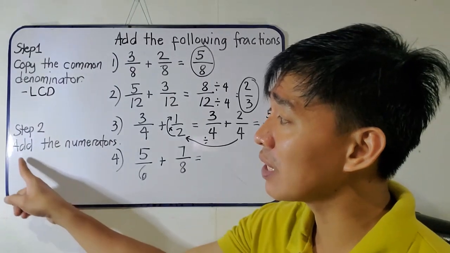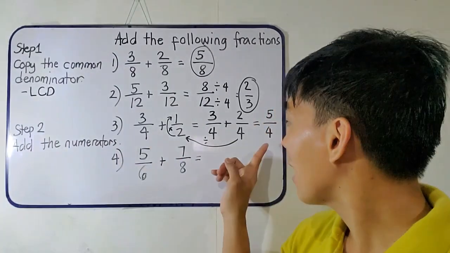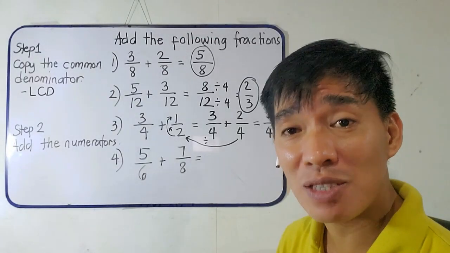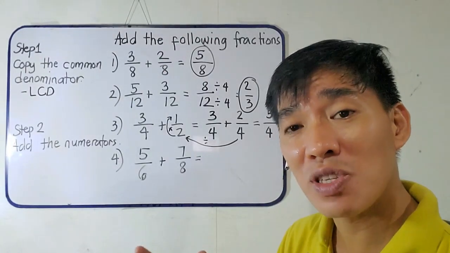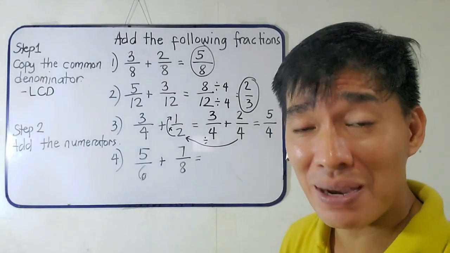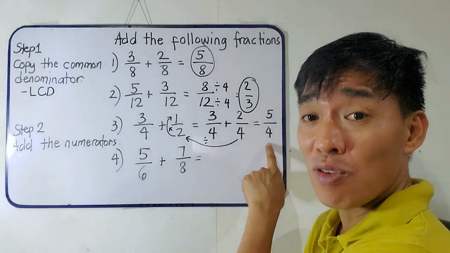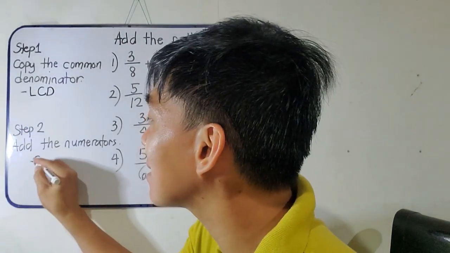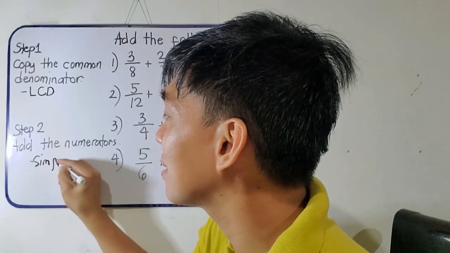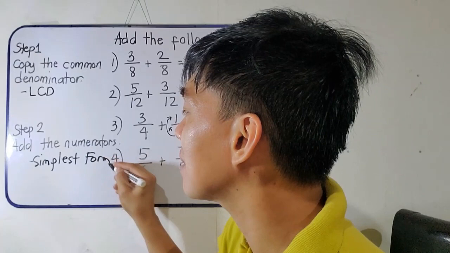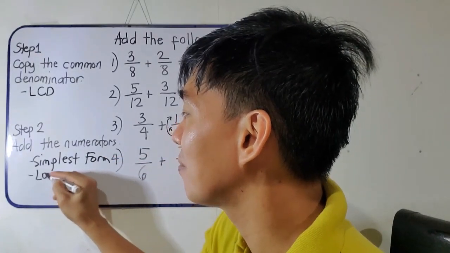So always remember that after you add the numerators and your fraction is improper, it would be best to change your answer, which is improper, to mixed form. Best, but I'm not telling you that this is wrong. This is already correct because this answer is already in the simplest form. Or other term for that is lowest term.